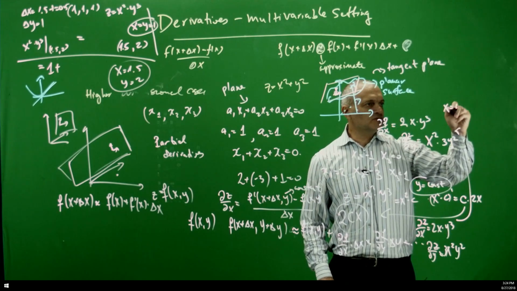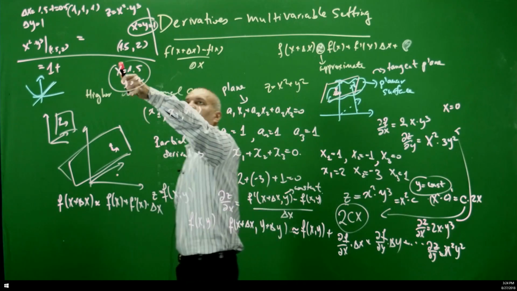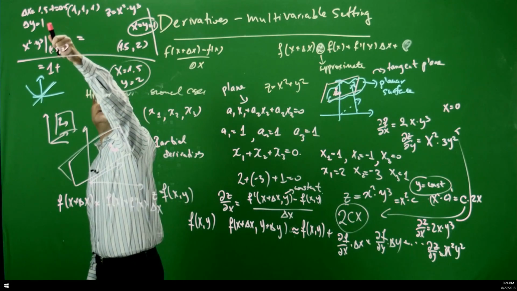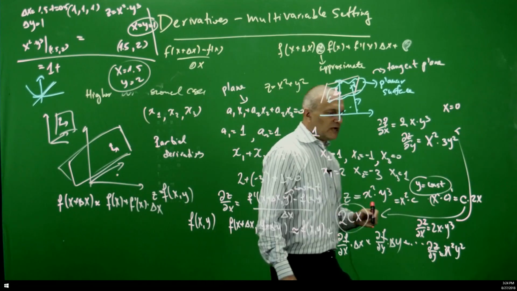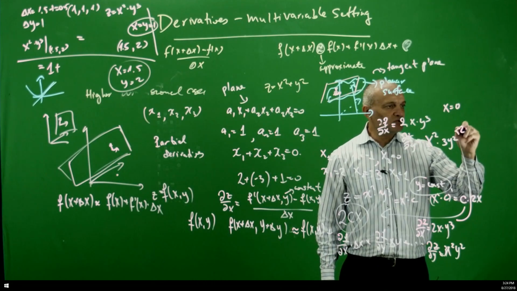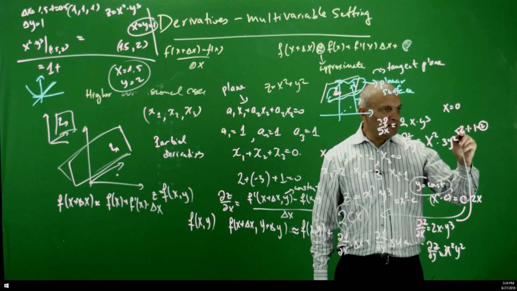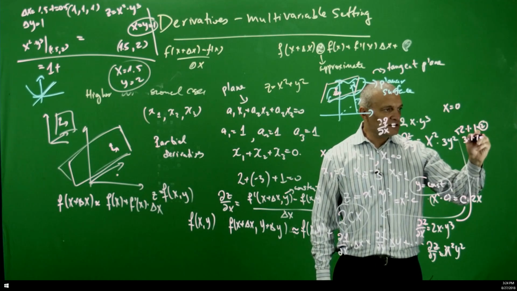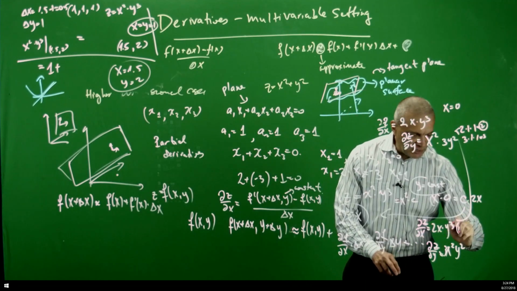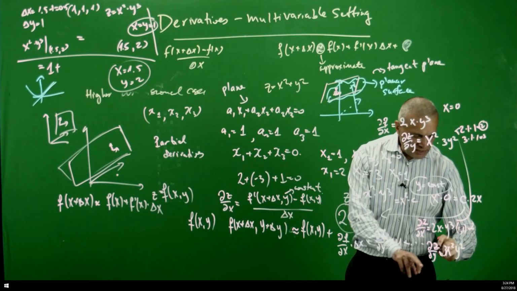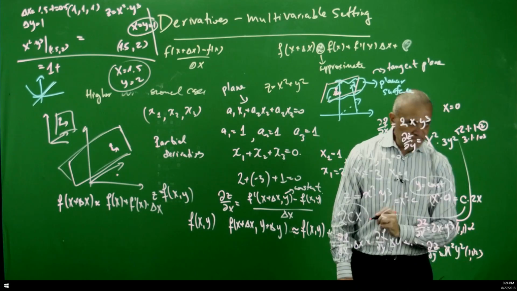Now you're evaluating this at the point 1, 1. So it's 2 times 1 times 1, which is 2, and here it is 3 times 1 times 1, which is 3. So delta z over delta x at point 1, 1 is 2, and delta z over delta y at point 1, 1 is 3.